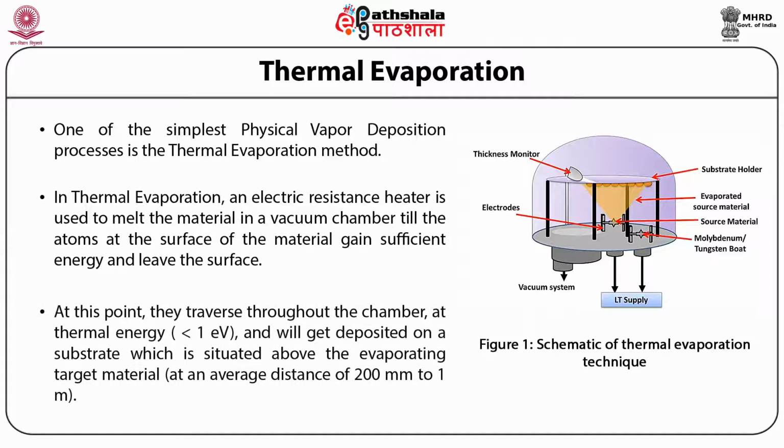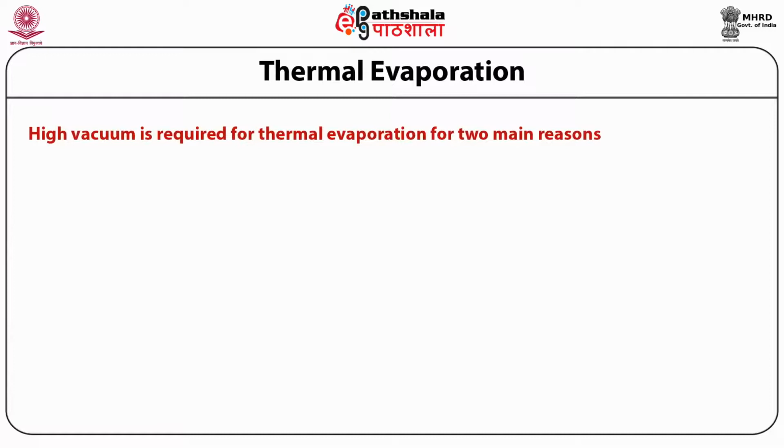So at this point they traverse throughout the chamber at thermal energy less than 1 electron volt and will get deposited on a substrate which is situated above the evaporating target material at an average distance of 200 mm to 1 m.